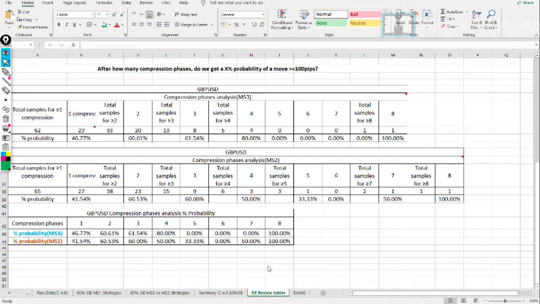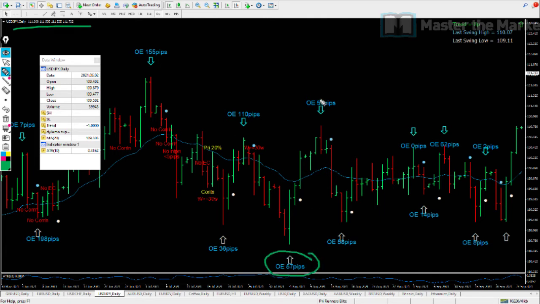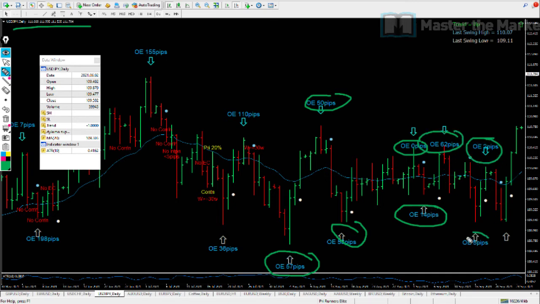Okay, so if you go back to the screens, I'm looking at dollar yen from the previous ones. You can see here was one compression, two, all less than 100, three, four, five, six, seven, and eight, eight compressions.